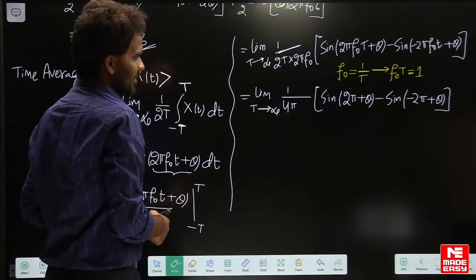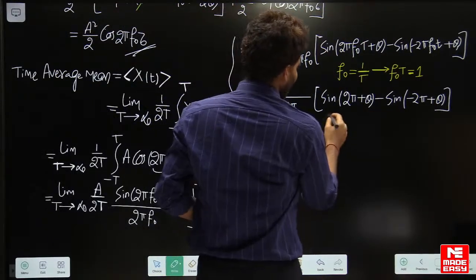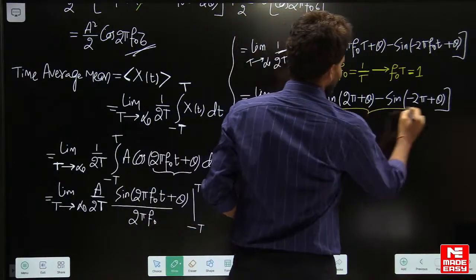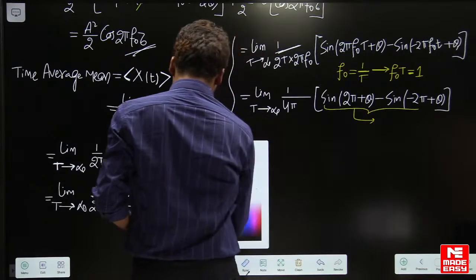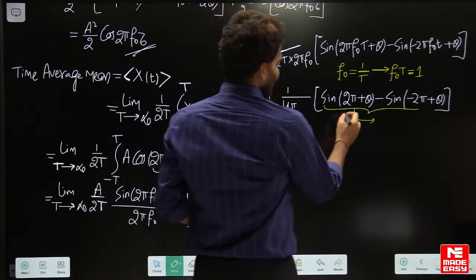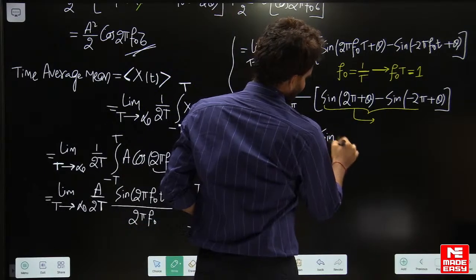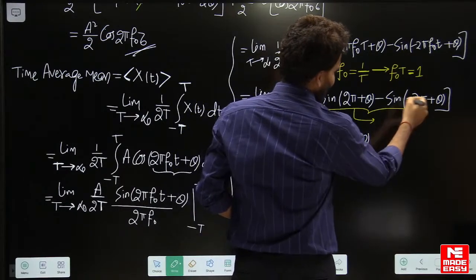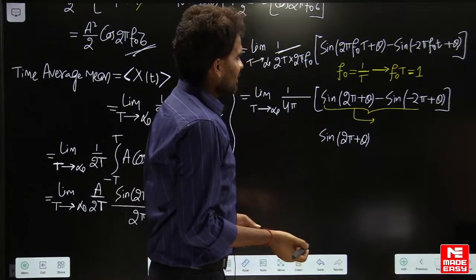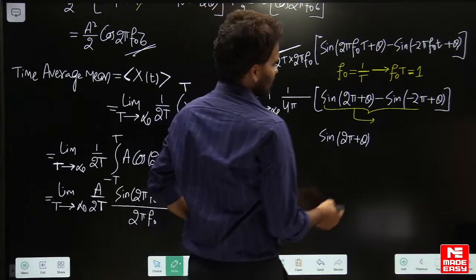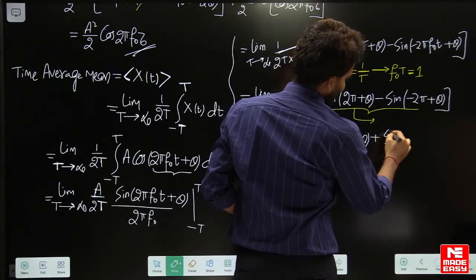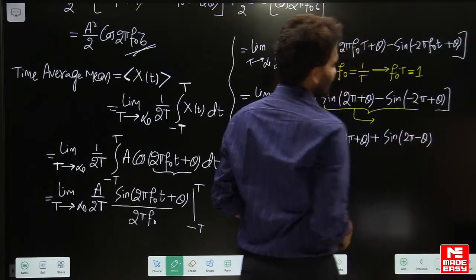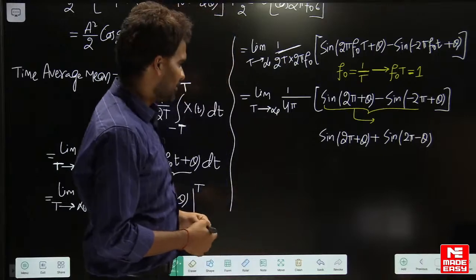Then you can write this as sine 2 pi plus theta plus sine 2 pi minus theta, since sine of minus x is minus sine x.